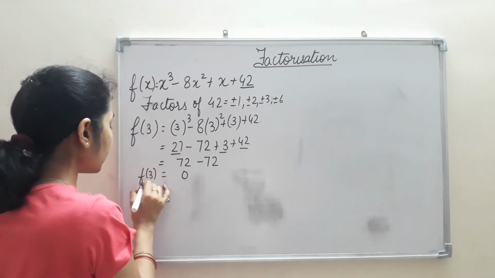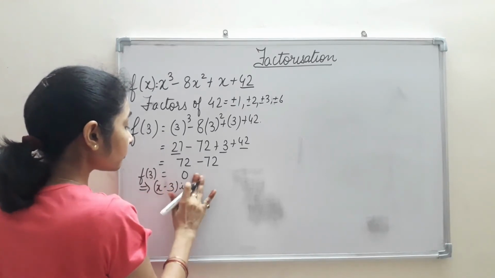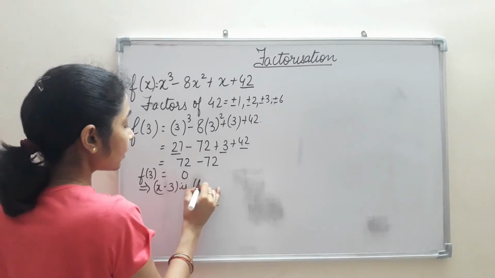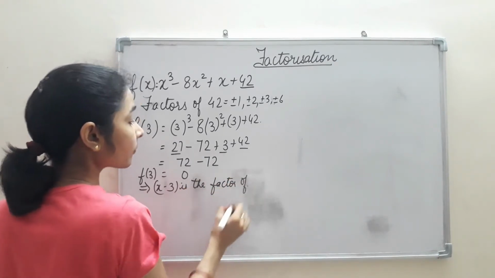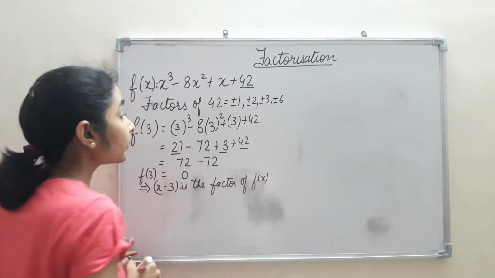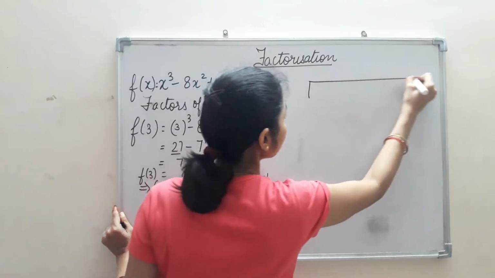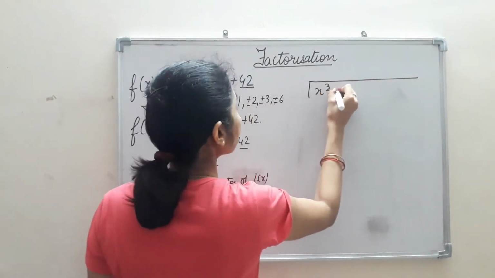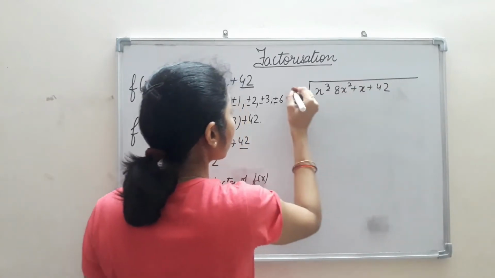This implies that x minus 3 is a factor of f(x). Now I will divide x cube minus 8x square plus x plus 42 by x minus 3.